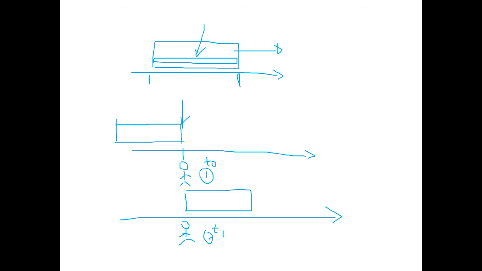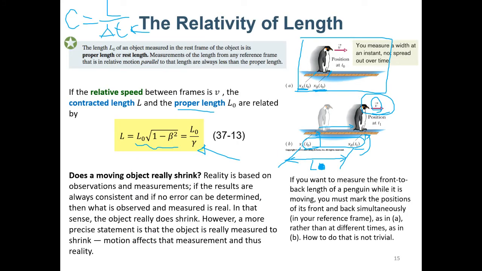So when you observe this train moving at speed v, this time should have time dilation. And so when you try to calculate back its original length, you need to multiply the same factor gamma, or you should divide the same factor gamma.